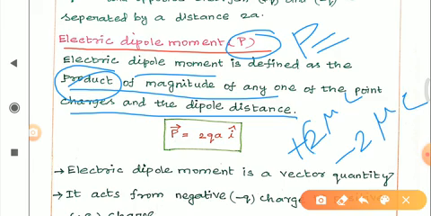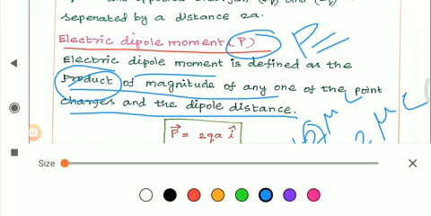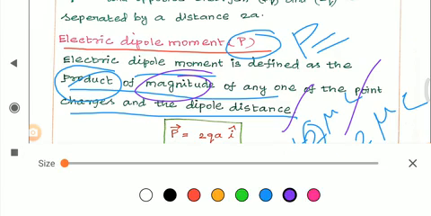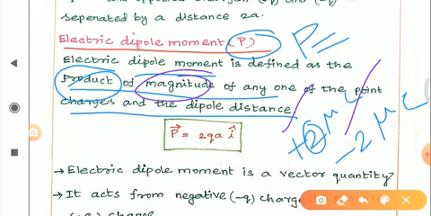That is nothing but 2. So here we need not worry about whether it is plus or minus. That's why it is clearly given as magnitude of charge. Any one of the charges, either plus 2 coulomb or minus 2 coulomb, and its dipole distance.